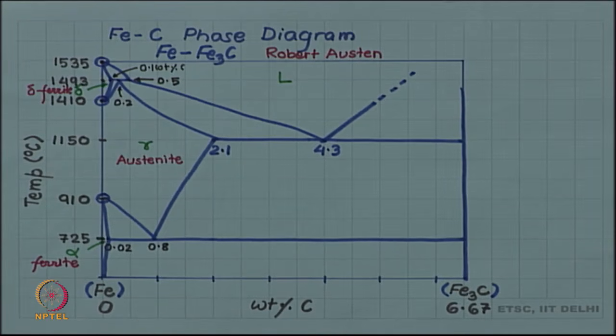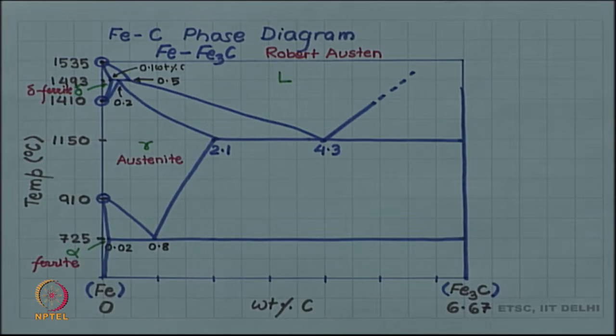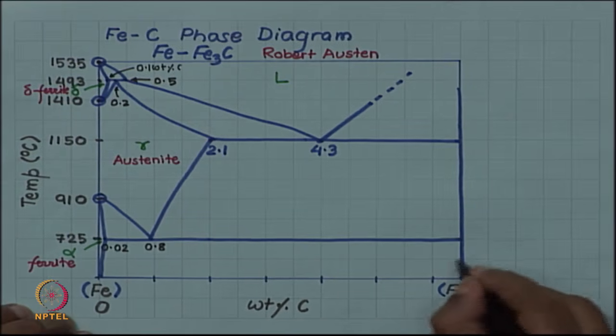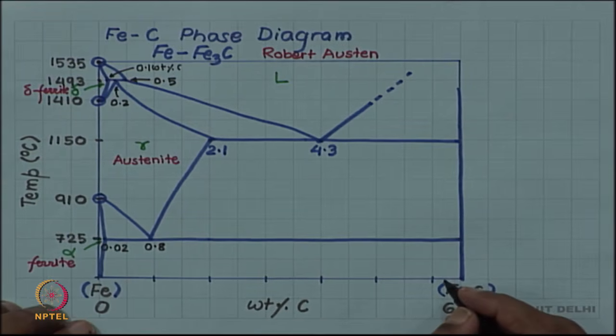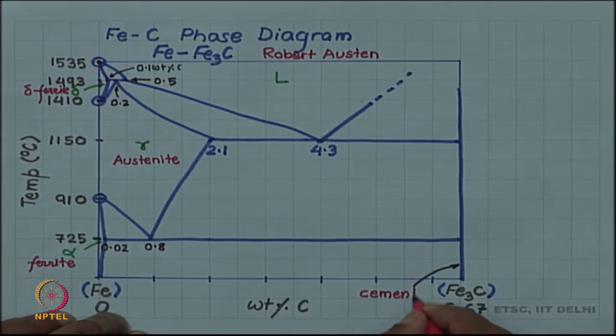So, it does not have any width in the composition space. This is also a single phase region, and this Fe3C, the symbol is Fe3C, the name given to it is cementite.